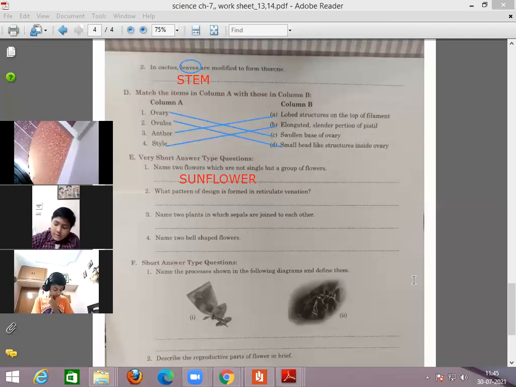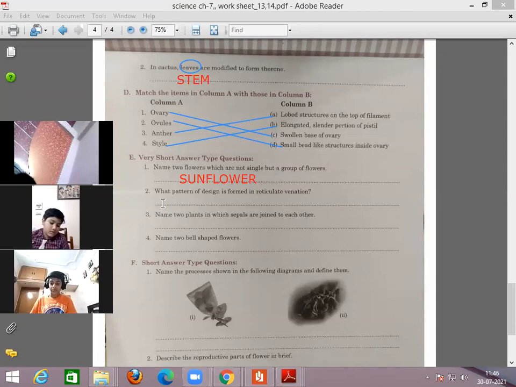Two flowers which are not single but a group of flowers. Got it, everyone? Yes, ma'am. Okay. Next is, what pattern of design is formed in reticulate venation? Ma'am, wheel.